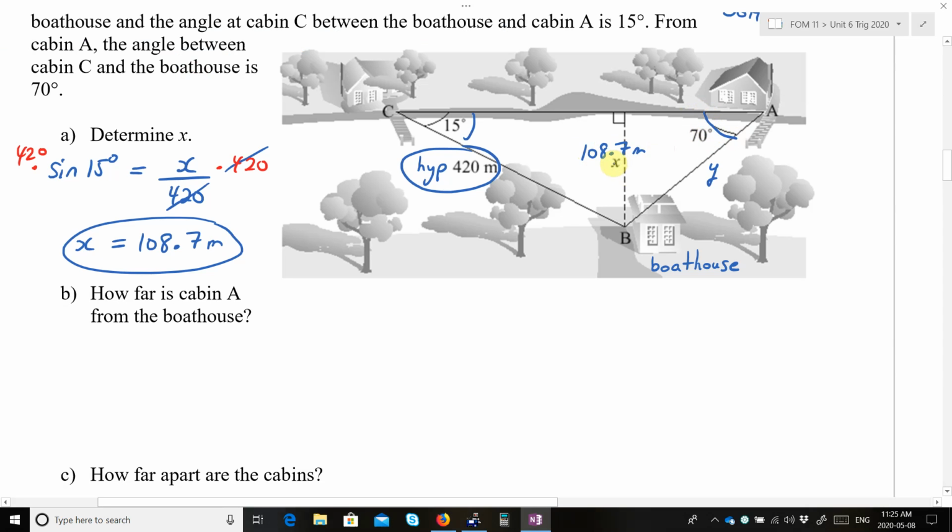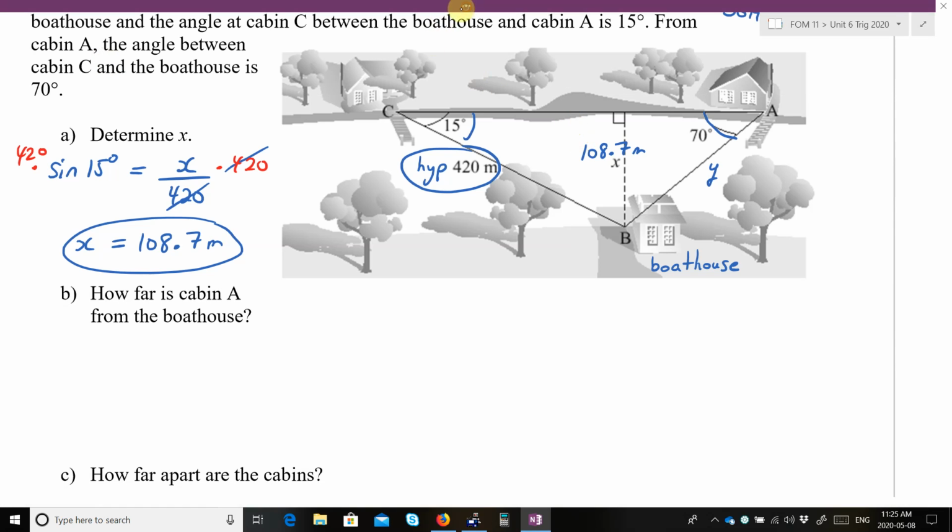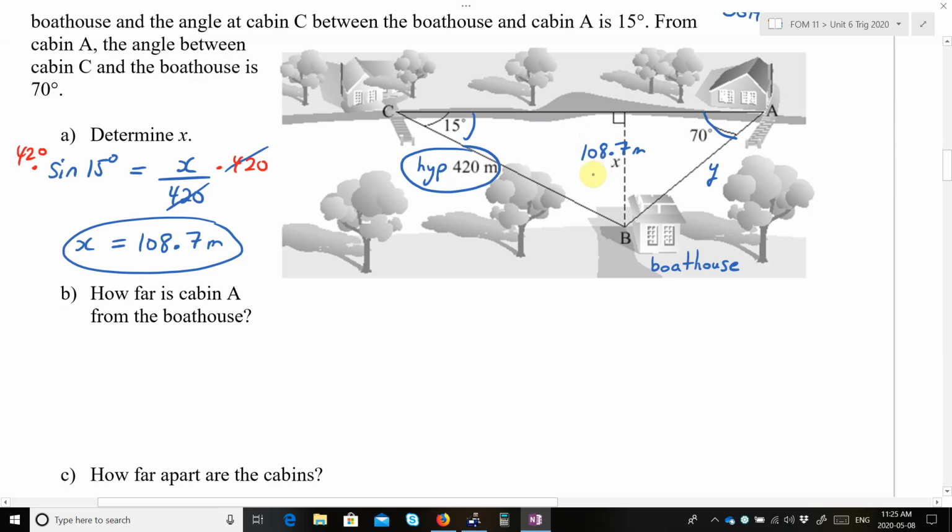And so across from the 70, this is the opposite side. Okay, so we have this side, the opposite, and there's the 90 degrees. Across from the 90 is the hypotenuse. So this is the hypotenuse.